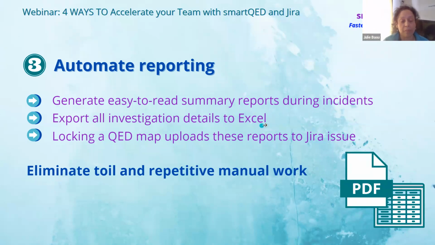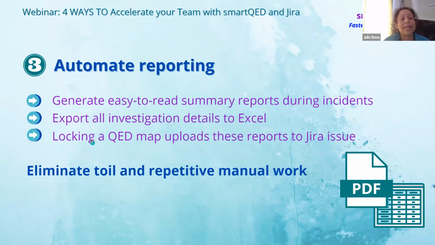You can then have two kinds of granularity of reports. One is a summary report that's easy to read, appropriate for execs, stakeholders, customers. You don't want to tell them every little thing, but you can export all these details to an Excel sheet at the end of the analysis, and then send that out as the final analysis.